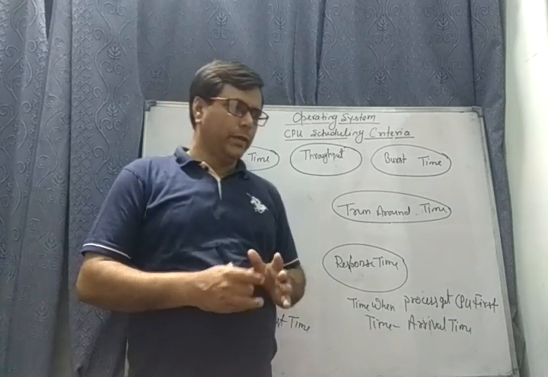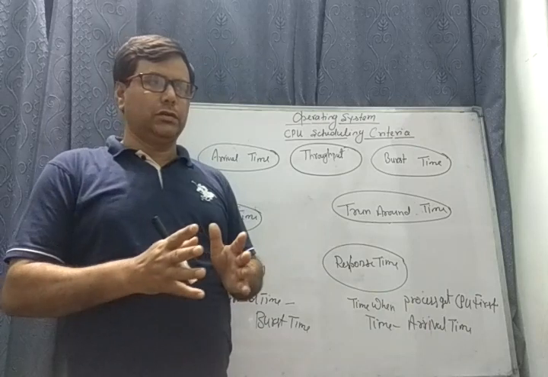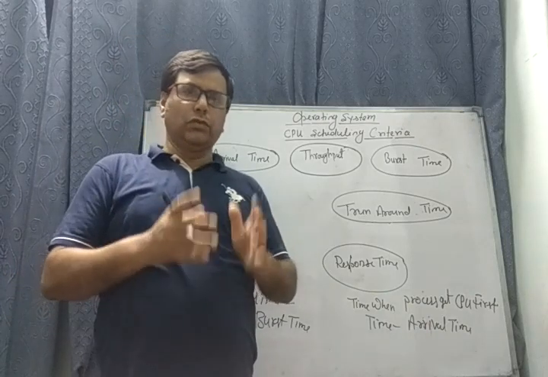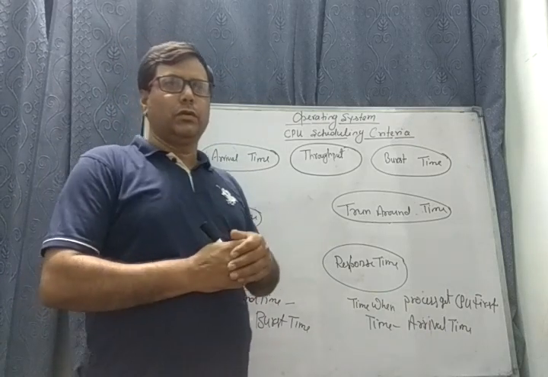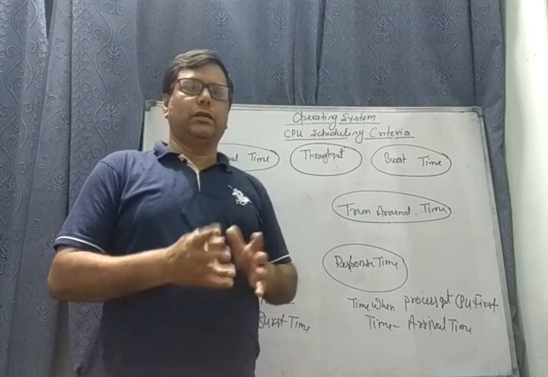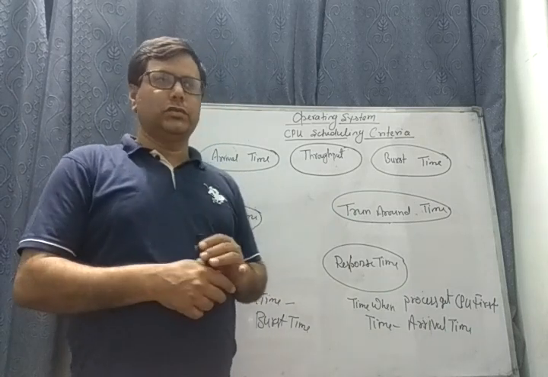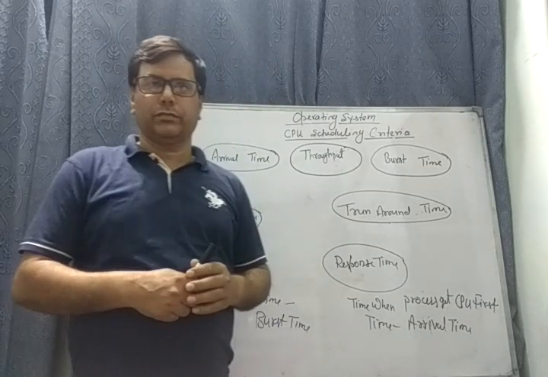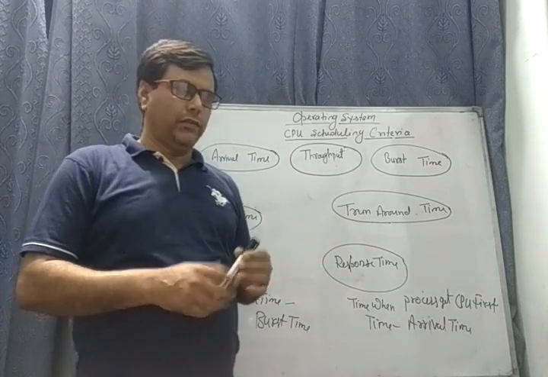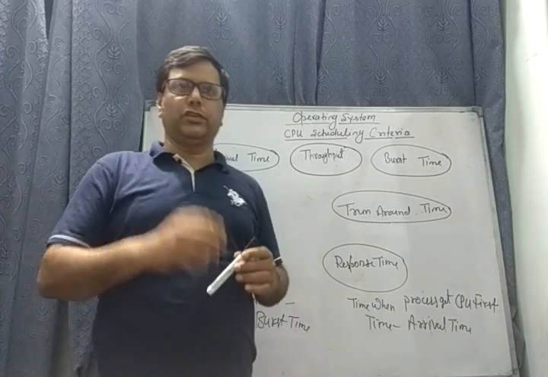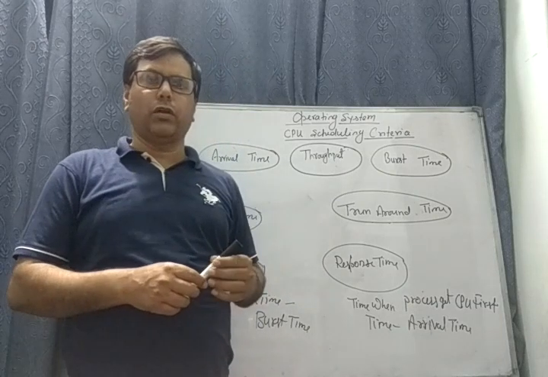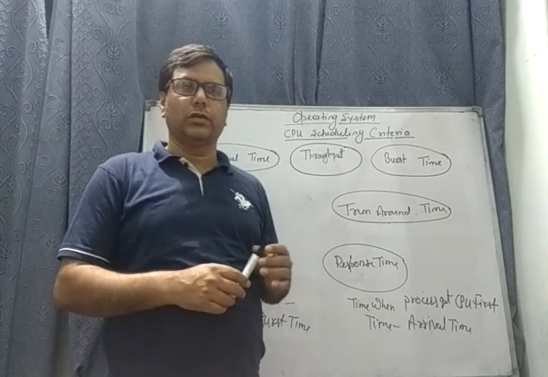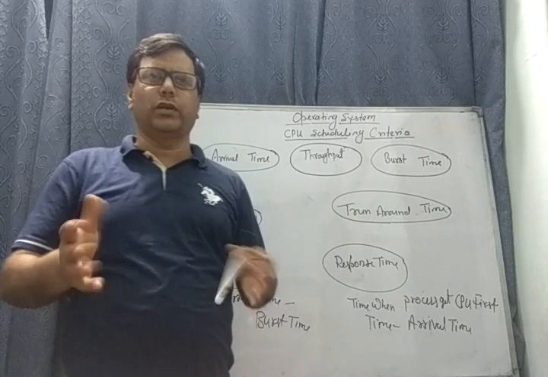So there are different CPU scheduling algorithms, and through those algorithms the CPU executes the requested processes. For example, first come first served algorithm, round robin scheduling algorithm, shortest job first, and so on.